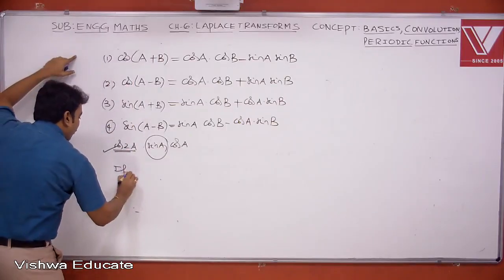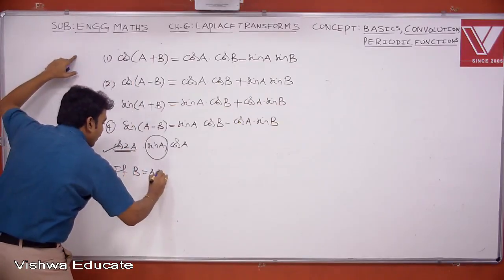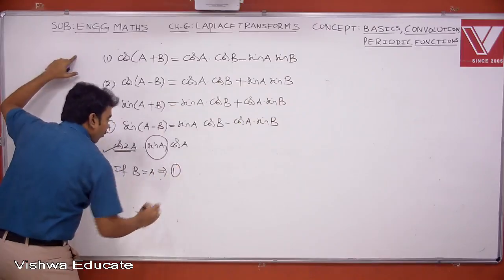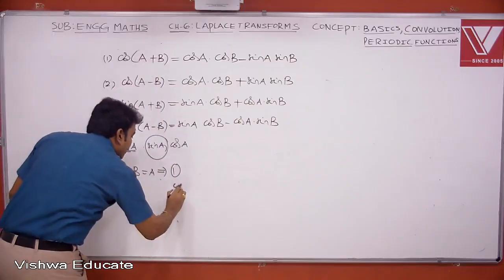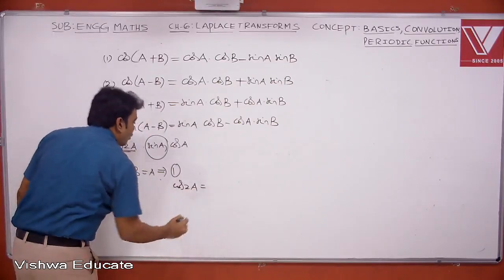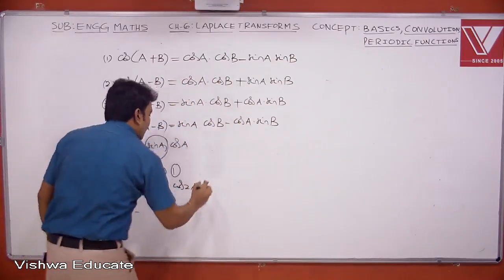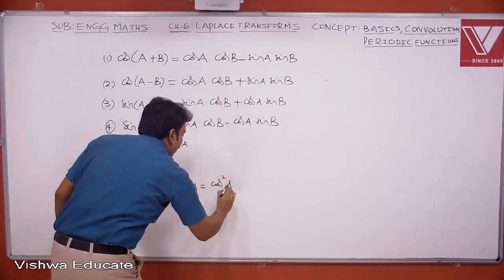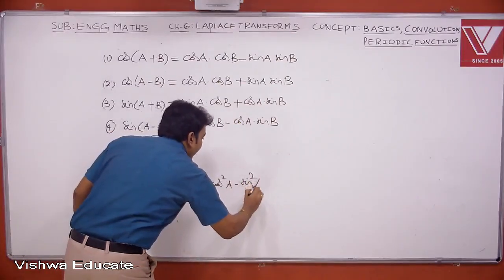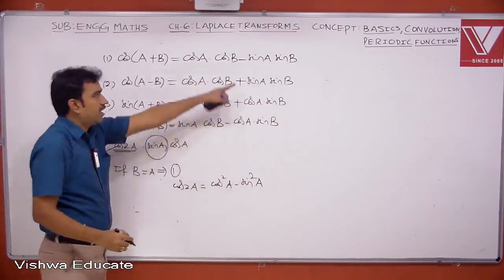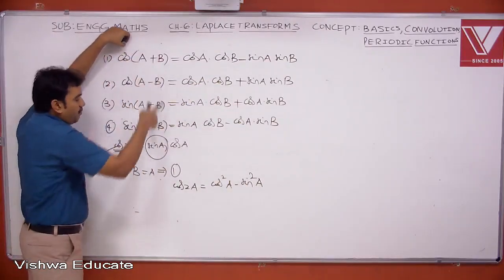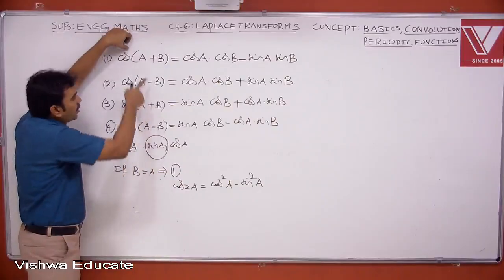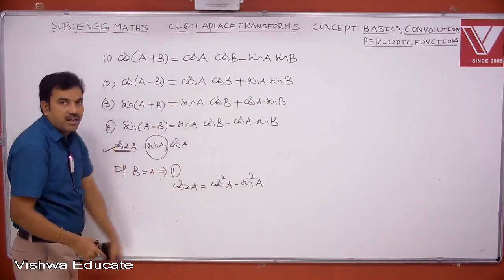Suppose b equal to a, then formula 1 becomes, replacing b by a, cos 2a equal to cos a into cos a, this is cos square a, minus sin a into sin a, this is sin square a. So cos 2a becomes cos square a minus sin square a.